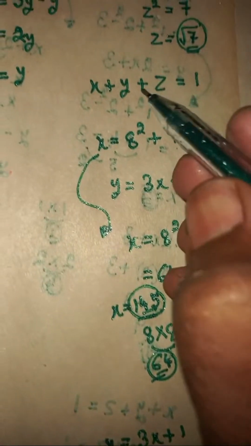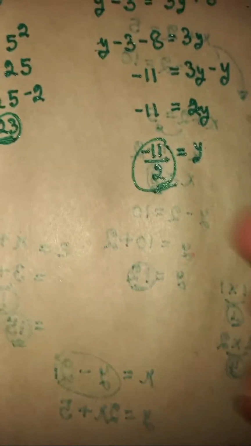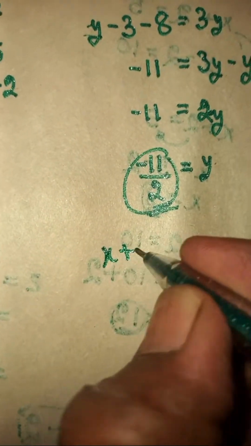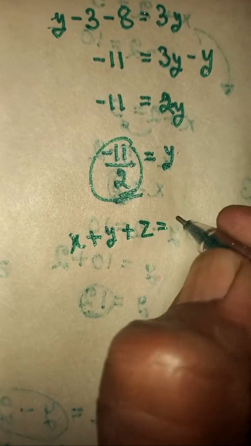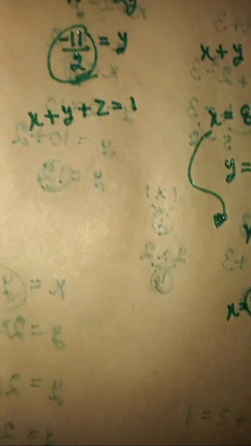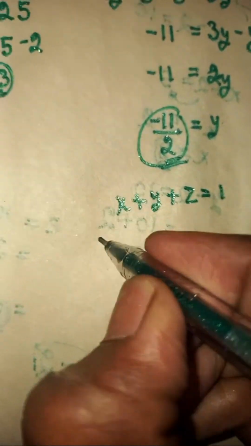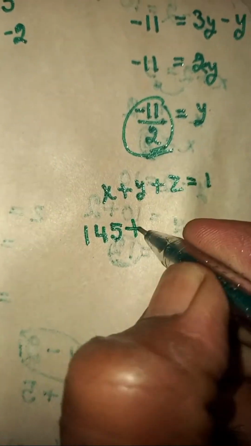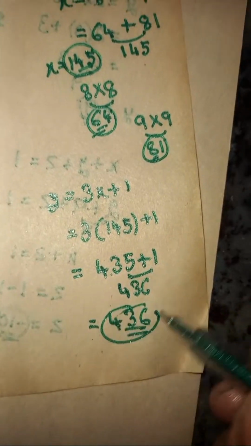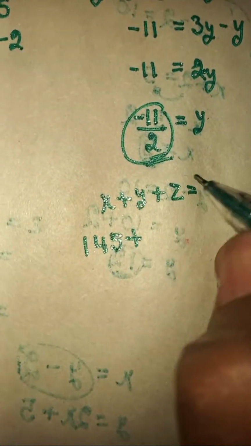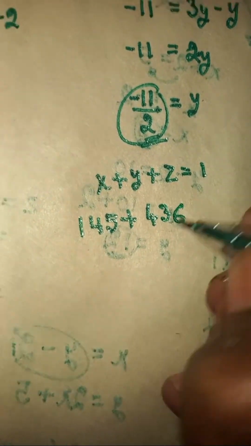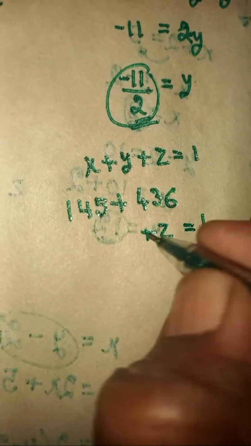Now let's find out what's the z value. Take x plus y plus z equal to 1. Here we found the value of x as 145 and y as 436. So write 145 plus 436 plus z equal to 1.